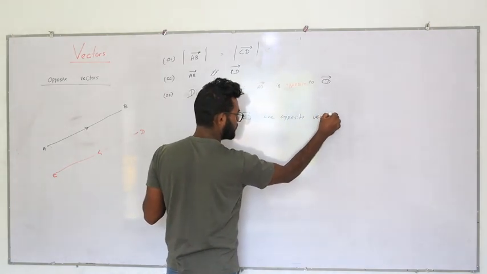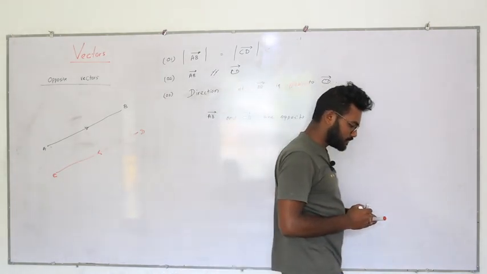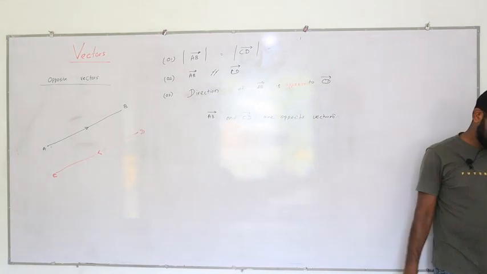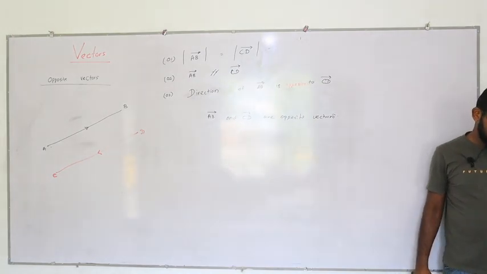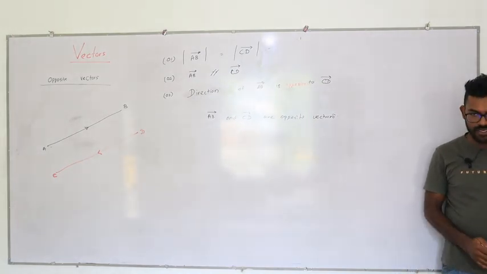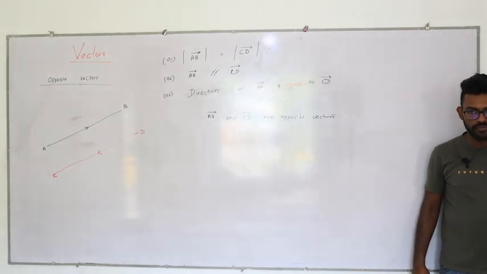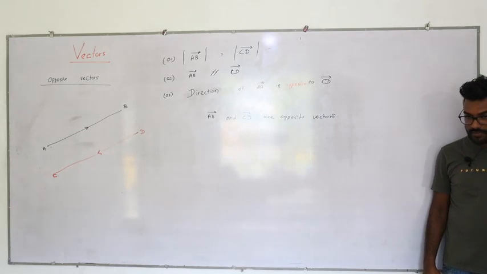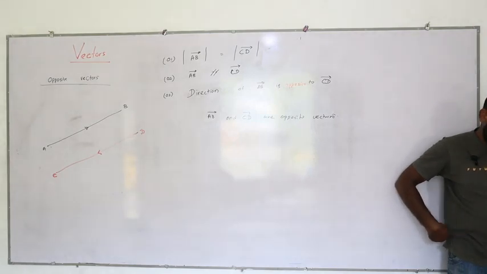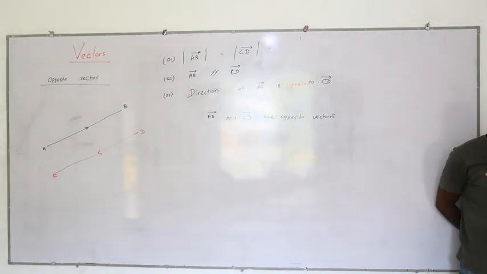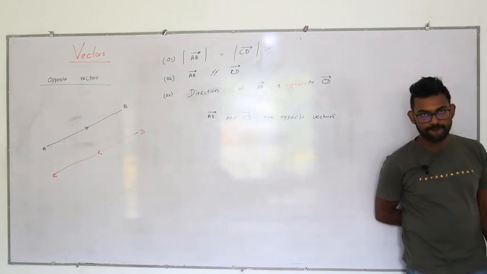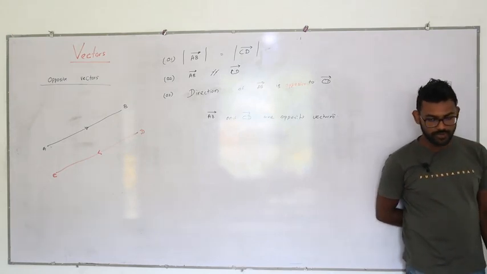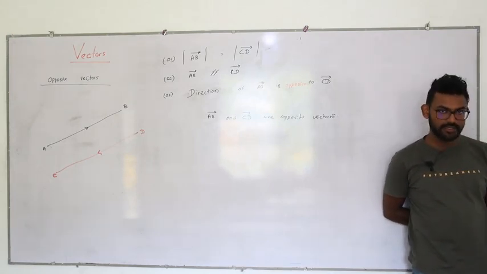Okay, then we'll write the condition. If two vectors are, we write the first condition, equal in magnitude. We'll write 1, equal in magnitude. Second, parallel.